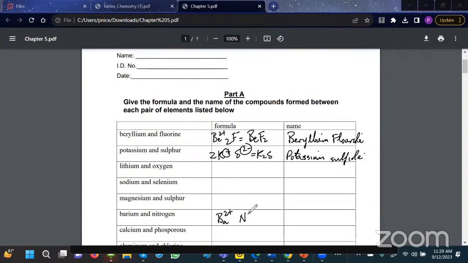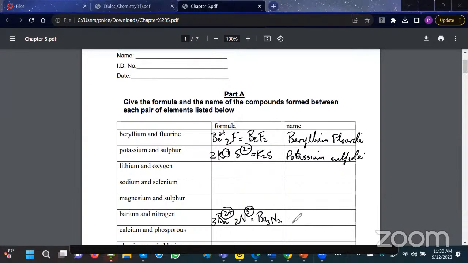All right, so here we have a situation where the barium has a +2 charge and the nitride has a -3 charge. So how do we get them to cancel out each other? Ba3 and 2. In other words, you multiply the barium ion by 3 and the nitride ion by 2. So as he just said, the answer is Ba3N2.